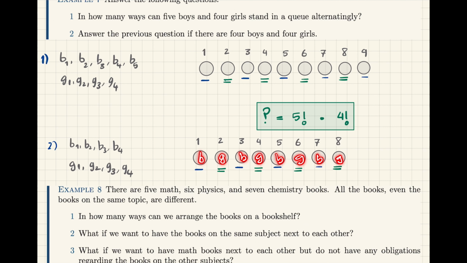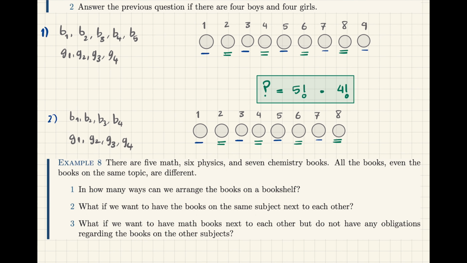And the other way is that I start with a girl, G, B, G, B, G, B, G, and B. Again, the same story. I have 4 boys and 4 girls standing alternatingly. So here I have 2 options available.